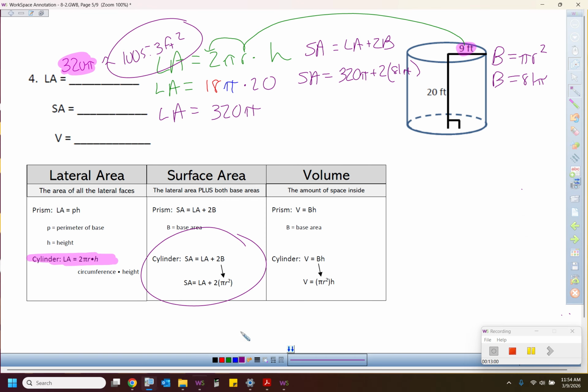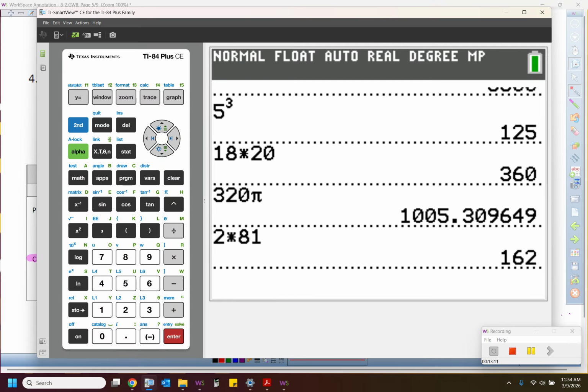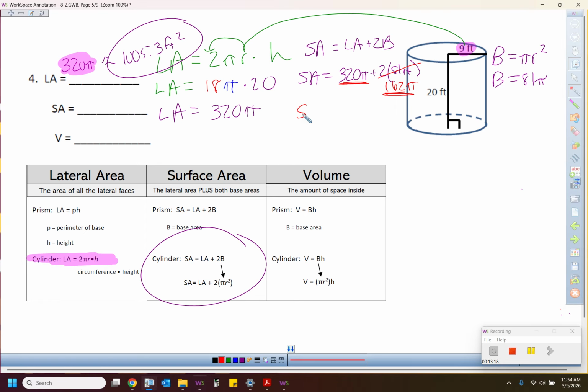So this is actually 162 pi plus 320 pi, and that's pretty cool, because those are like terms and you can add them together. So 162 plus 320 is 482. So that means 162 pi plus 320 pi is 482 pi.